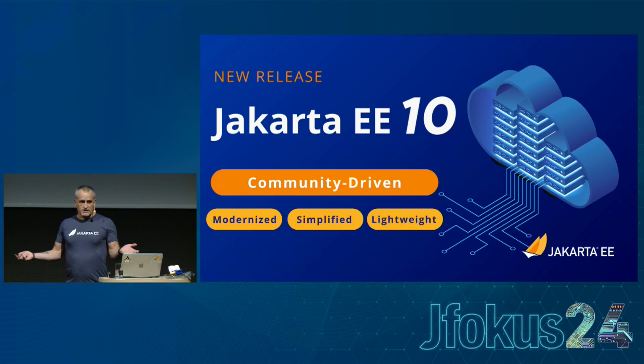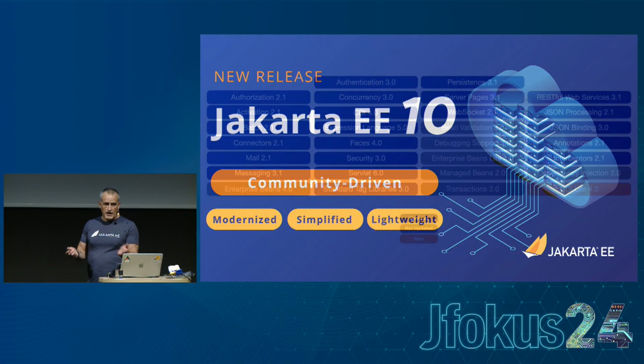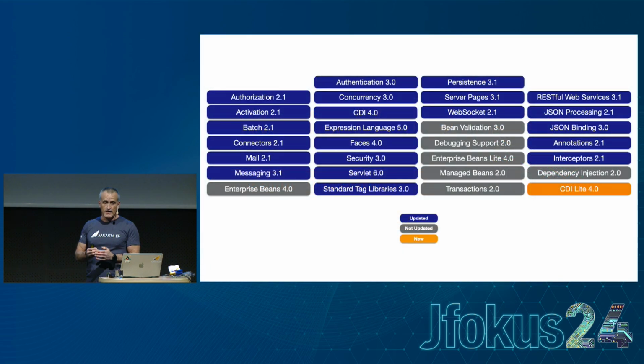Jakarta EE10 is the current release out there, and it had a lot of updates to specifications. All the blue ones here were updated in 10. There was one new specification down in the corner called CDI Lite, which is actually not a specification on its own; we just like to emphasize it there.